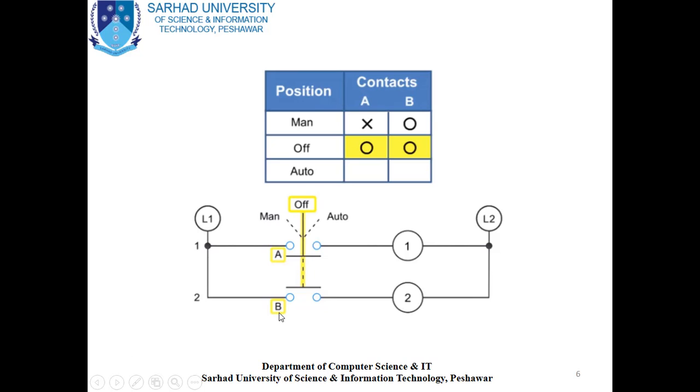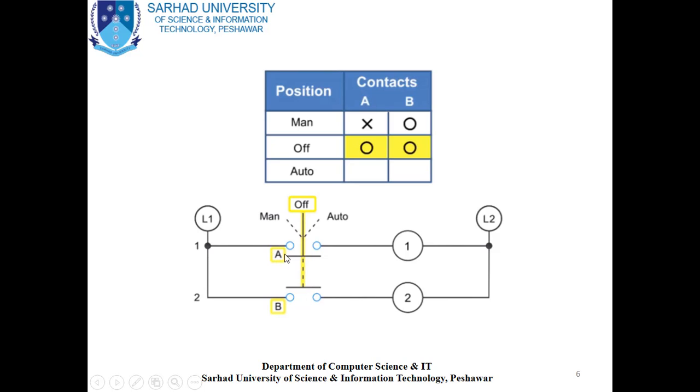In this case you can see that the selector switch is in off position. Here A is off because there is no contact here, and here in B position you can see that the contact is open.